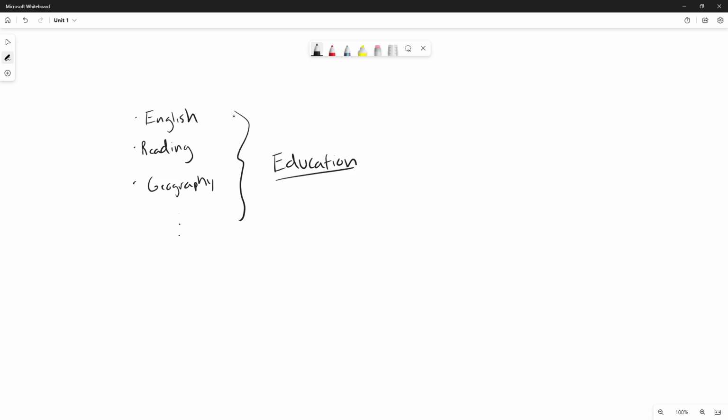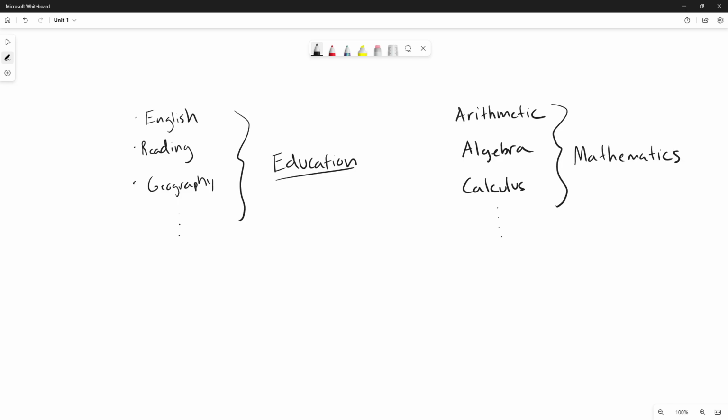There's many subjects in one education. Similarly, mathematics works in a similar way. So mathematics as a whole is comprised of arithmetic, algebra, calculus, and many, many more. And so this is mathematics.